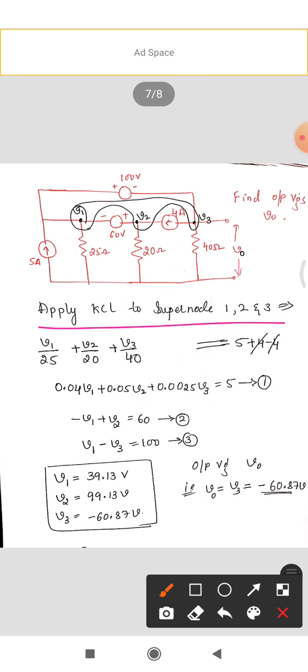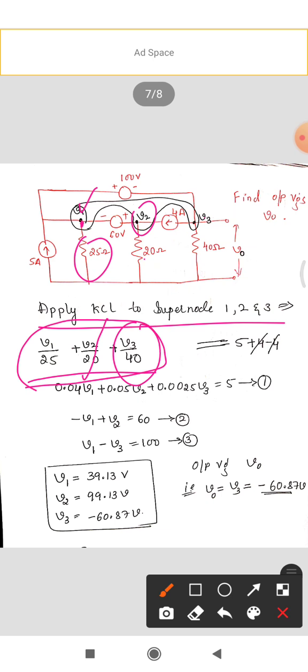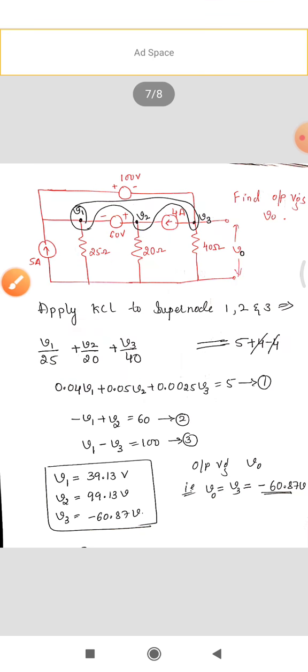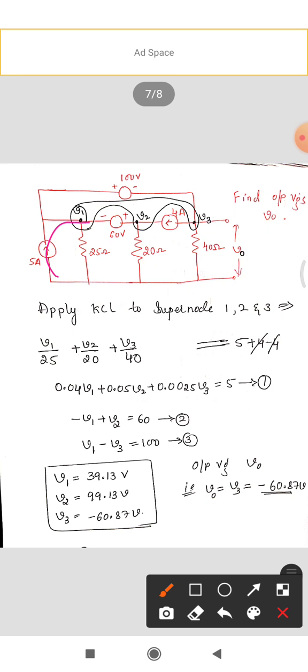So the first equation: at V1 divided by 25 ohm, at V2 divided by 20, and at V3 we have V3 divided by 40, all with respect to your resistances. Independent current sources you also have at V1, V2 and V3, so three factors should be at the right hand side also. At V1 entering, plus 5; at V2 entering, plus 4; and at V3 leaving, so it should be minus 4.